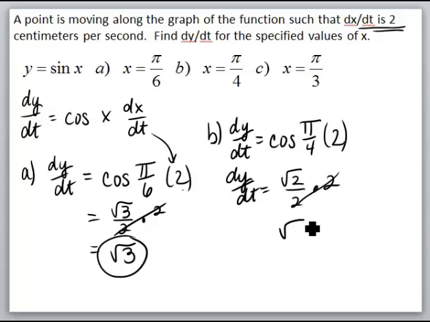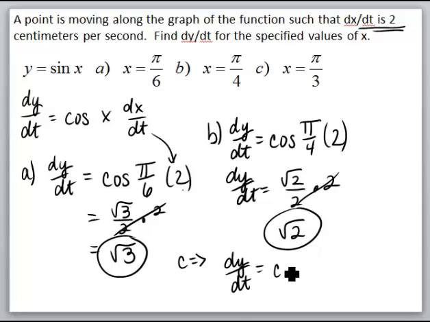Those cancel, and I'm left with square root of 2 for part B. Last section, part C. I'm going to have dy over dt equal to the same thing, except I'm plugging in pi over 3, and I'm going to plug in 2 for my dx over dt again. This is 180 divided by 3, which is cosine of 60. Cosine of 60 is 1/2 times 2. So in part C, my answer is 1.